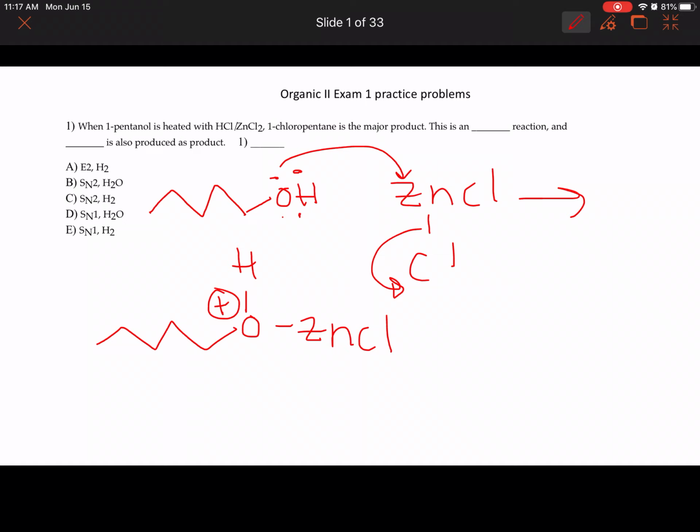And then the next step is the chloride that left is going to attack the carbon next to the oxygen, and that is going to be a bimolecular reaction, and we call it an SN2 mechanism.